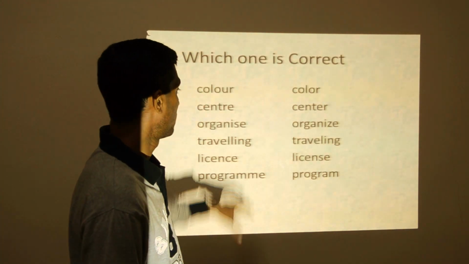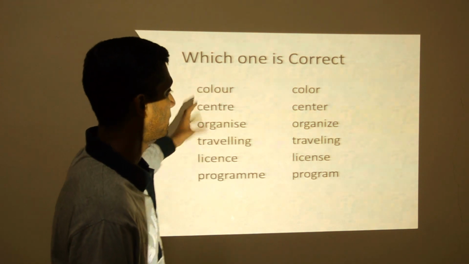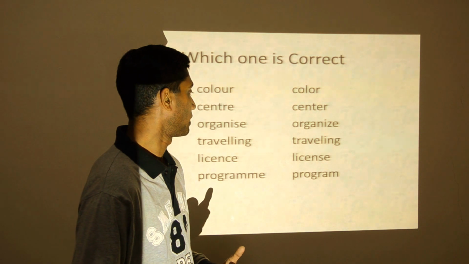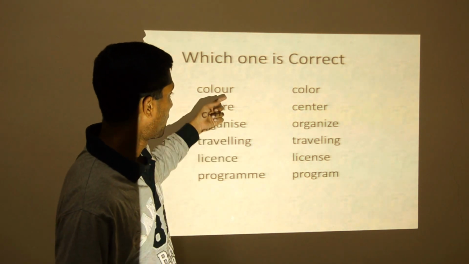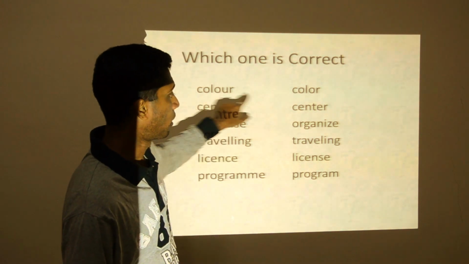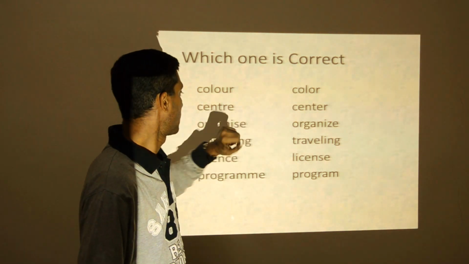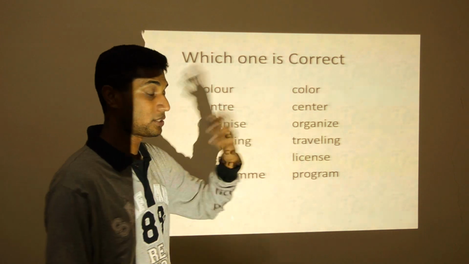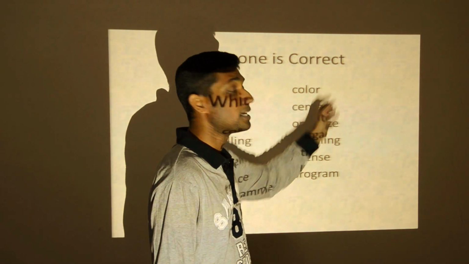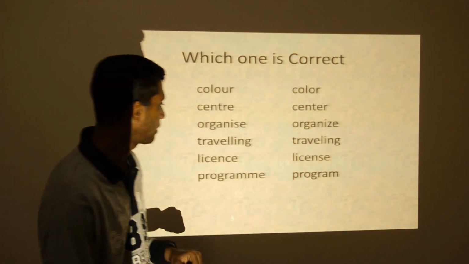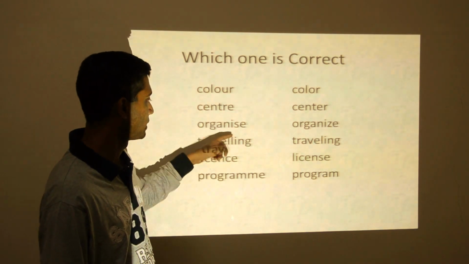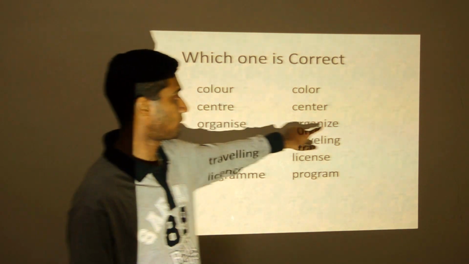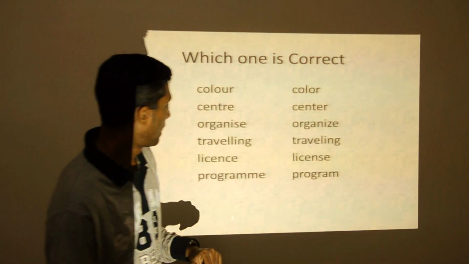There's a mix-up. These are the 6 words, but we have a mix-up of spelling differences. Some of you have written with U-R, some of you are doing with this. Center, some of you are writing with T-R-E, and some of you have written T-E-R. With organize, some are writing with S-E, some are writing with Z-E.